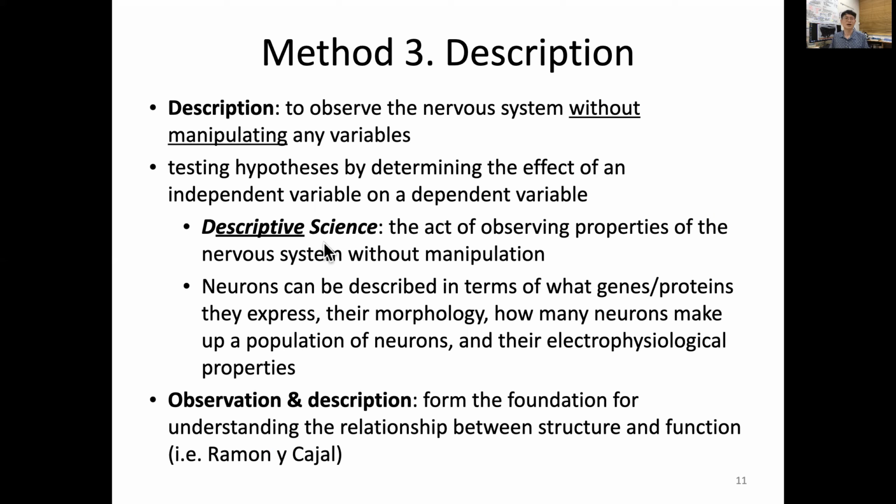However, there is a tendency that if you just say, I want to observe and describe, people may not want to give you money for funding because, hey, you have no idea, and it's like fishing. But the most important thing is that this observation or description forms a basis which can help formulate a new hypothesis. So this is fundamentally important. We have to admit that.